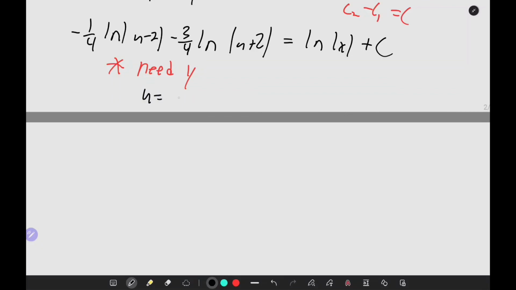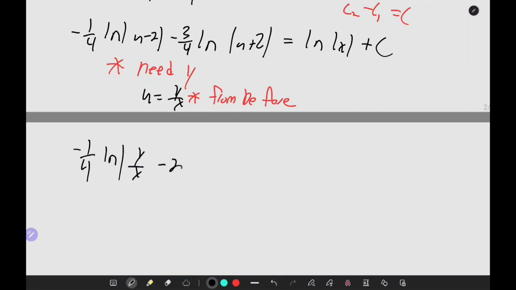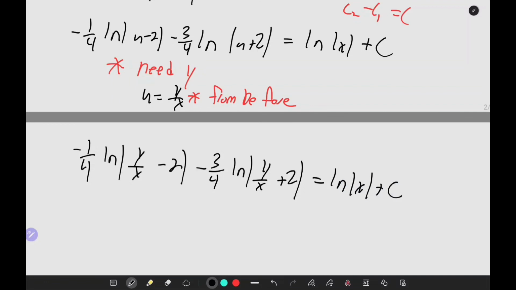So we know u is y over x, and this is from before. So we have negative 1/4 natural log of y over x minus 2 minus 3/4 natural log of y over x plus 2 is equal to the natural log of x plus c.